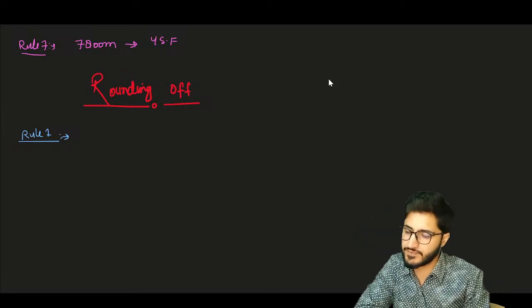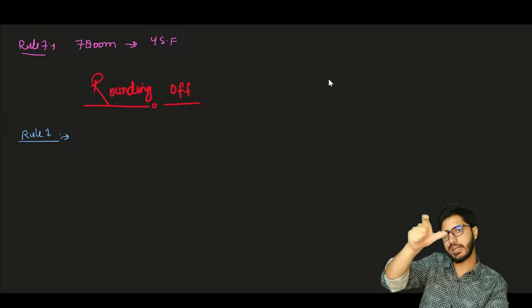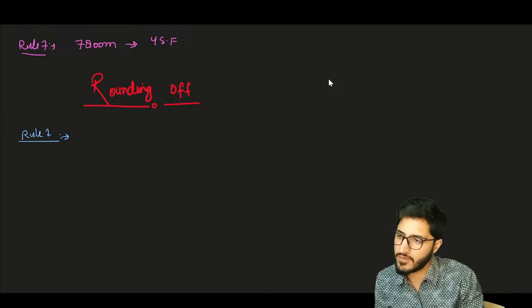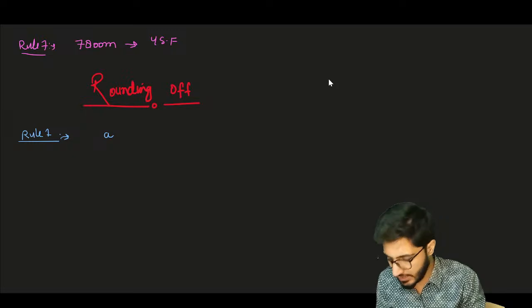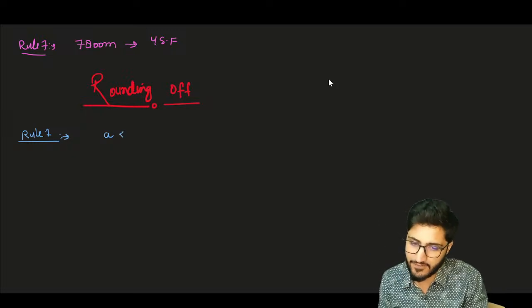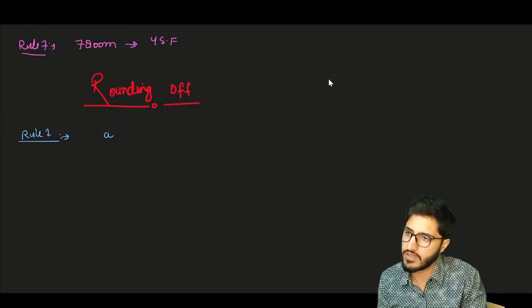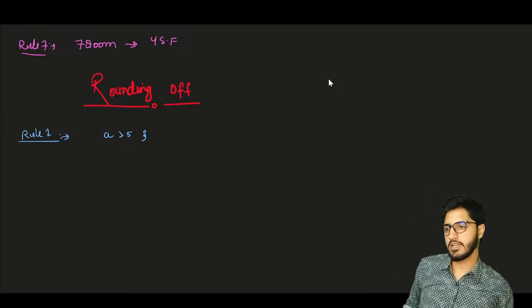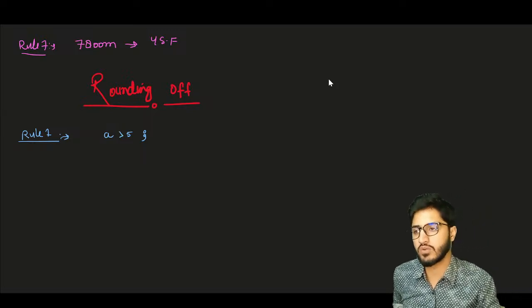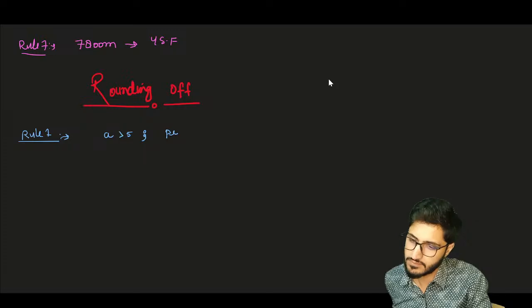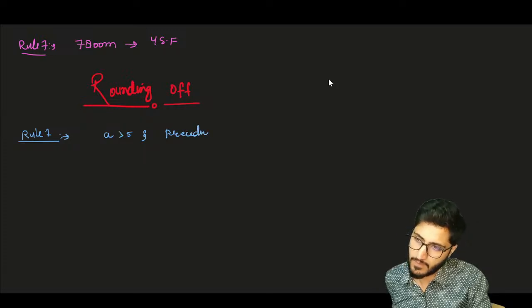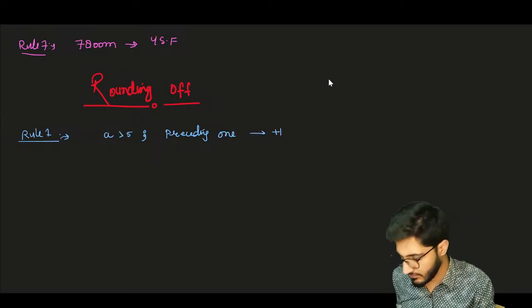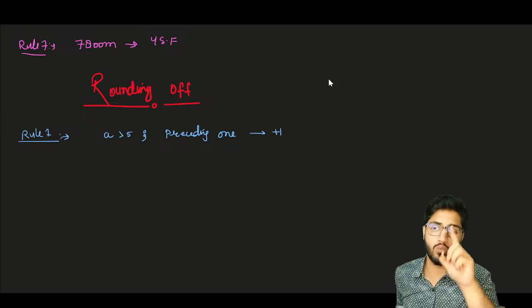Rule number one: if the digit that we want to round off is more than 5, then the preceding digit, we have to increase it by 1.